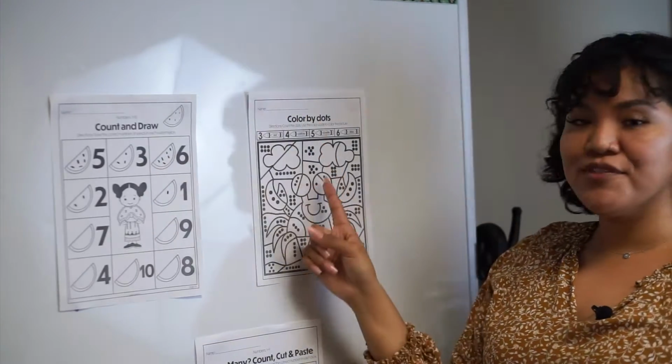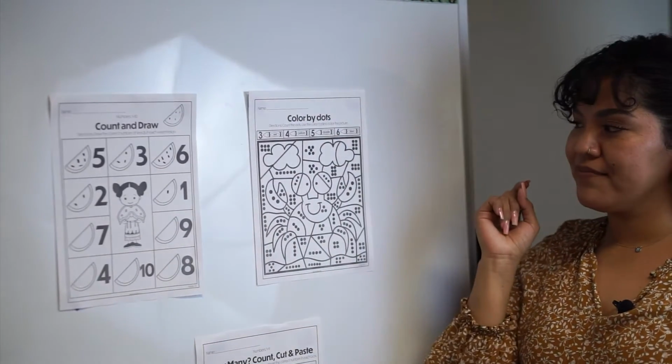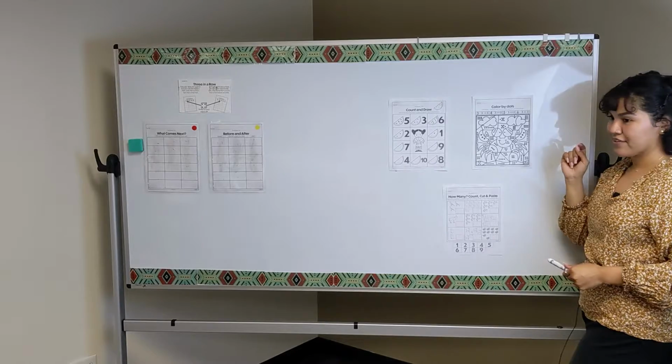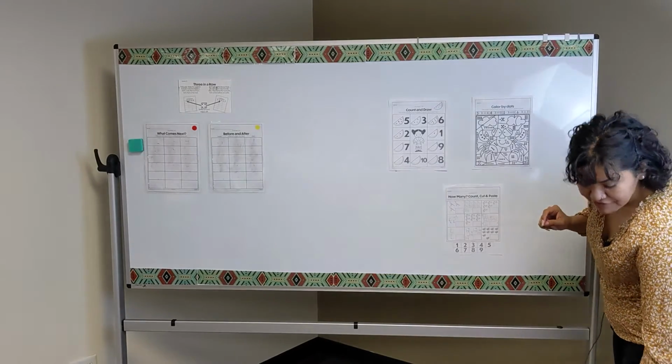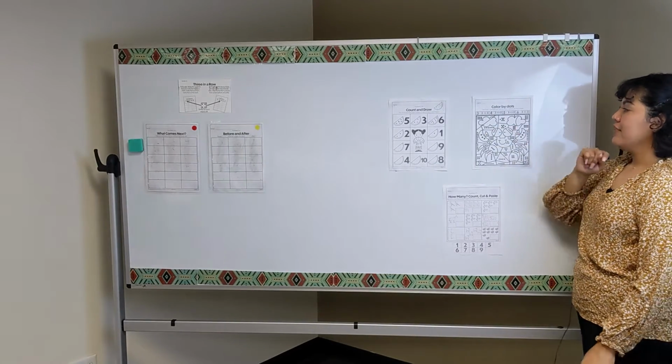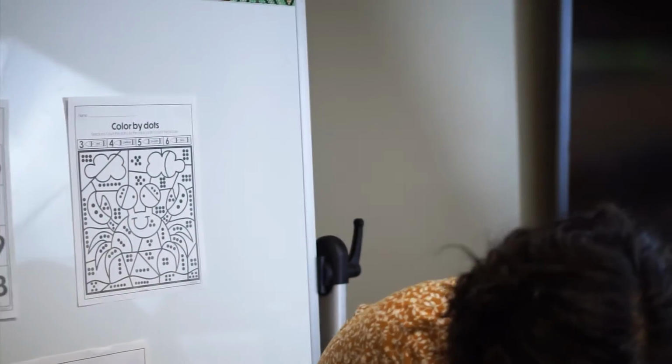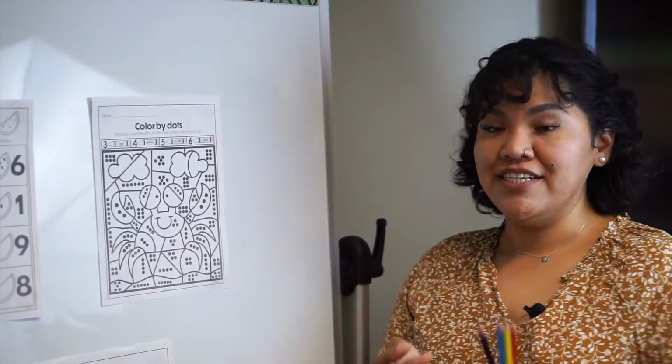And we can go to this worksheet that says color by dots. So have this worksheet in front of you while I read the directions. They say count the dots, use the color code to color the picture. So it looks like we'll be coloring today. How fun. Let's see what colors we need.